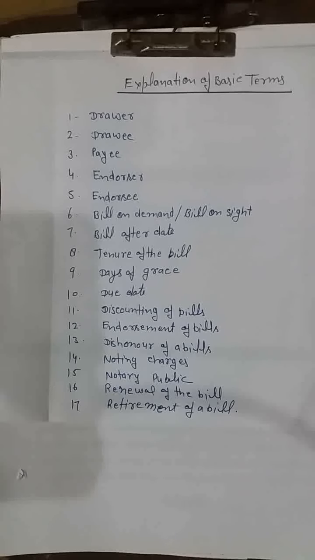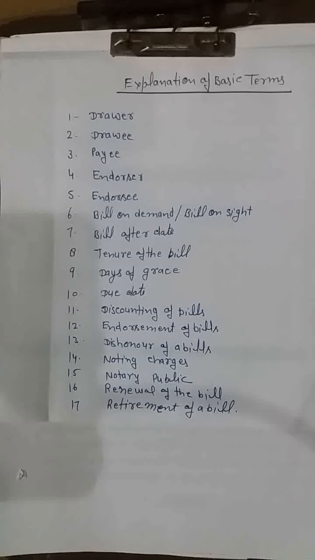Notary public is a person who is appointed by the court to deal with certain aspects of dishonor of bill. Thus, noting is a minute recorded by the notary public on the dishonored instrument. This is a mode of authenticating the fact that a bill or note has been dishonored.